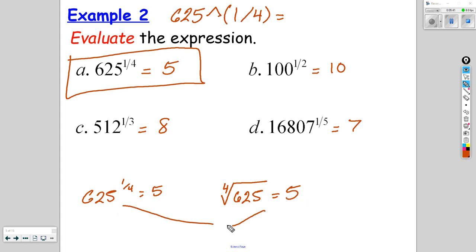So it appears that maybe there's some kind of connection between those two things. In the next couple examples we're going to figure out what that connection is. So it seems like rational exponents, which are just fractional exponents, and these nth roots are somewhat related. And in the next slide we're going to see how.